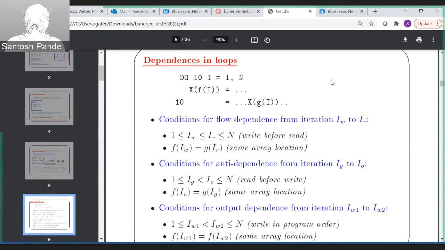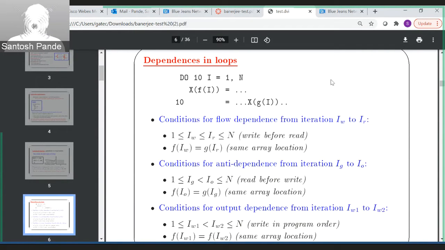Similarly, the condition for anti-dependence is again that there exist some IG and IO iterations, where IG is less than IO, and they both occur within the loop bounds.